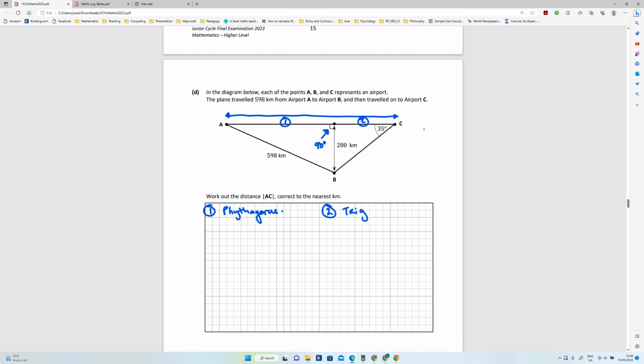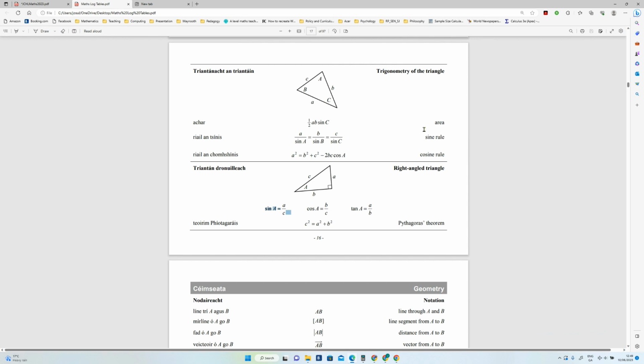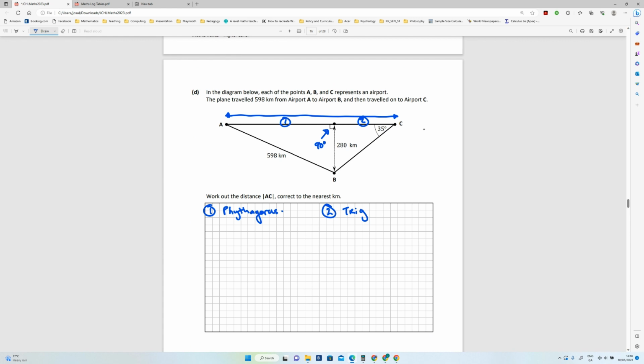Okay, you can go to your log tables. This is Pythagoras here, so c squared is equal to a squared plus b squared. So here I've got this one and this one. So this is c, and that is either a or b, and that's the other one. So it's basically 580 squared is equal to 280 squared plus x squared.